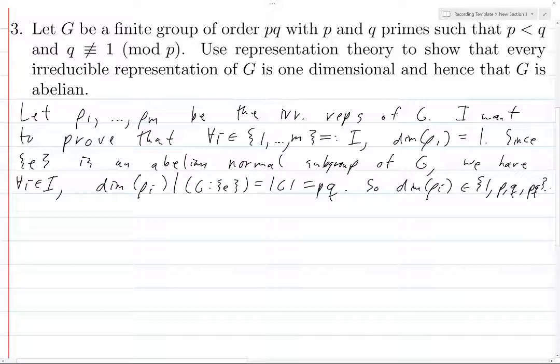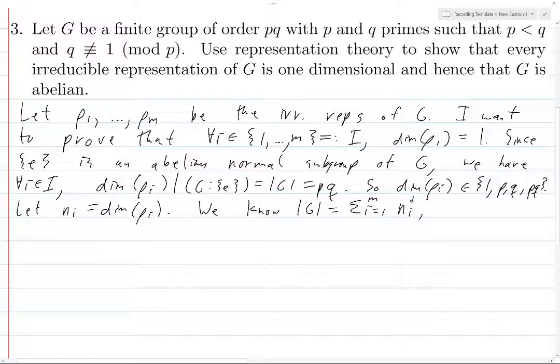Let's see here. Let Ni just be shorthand. I probably could have done this earlier, but Ni is just the dimension of rho i. We know that the order of G is equal to the sum from 1 to m of Ni squared.